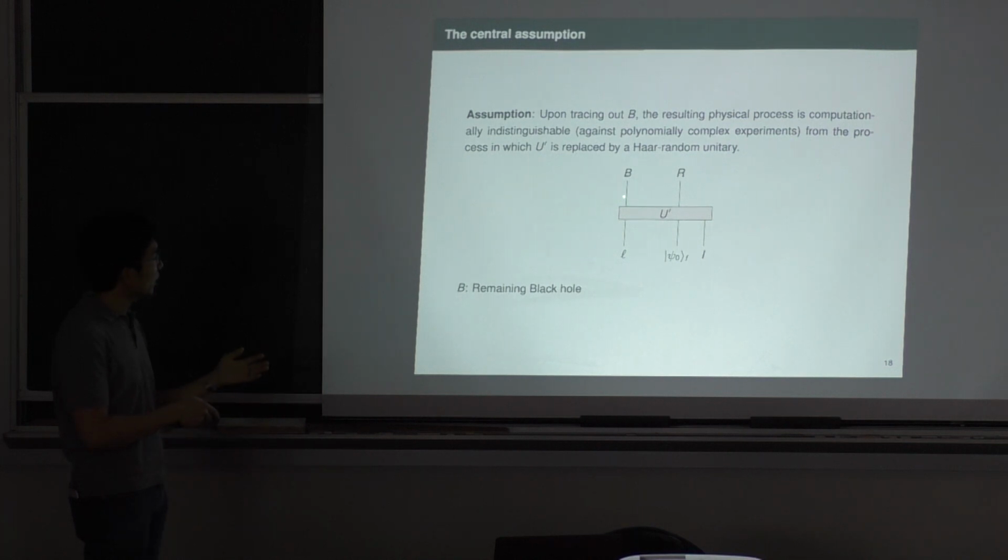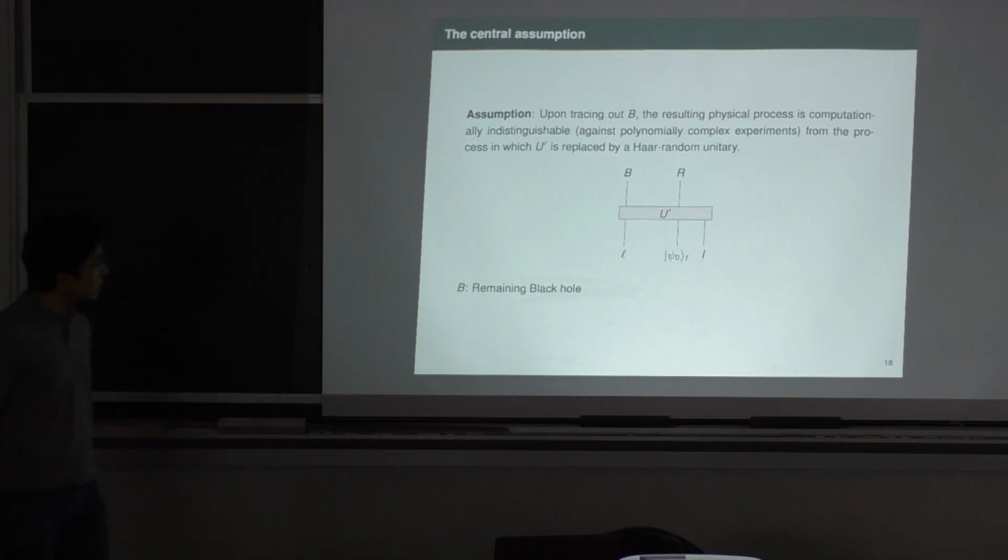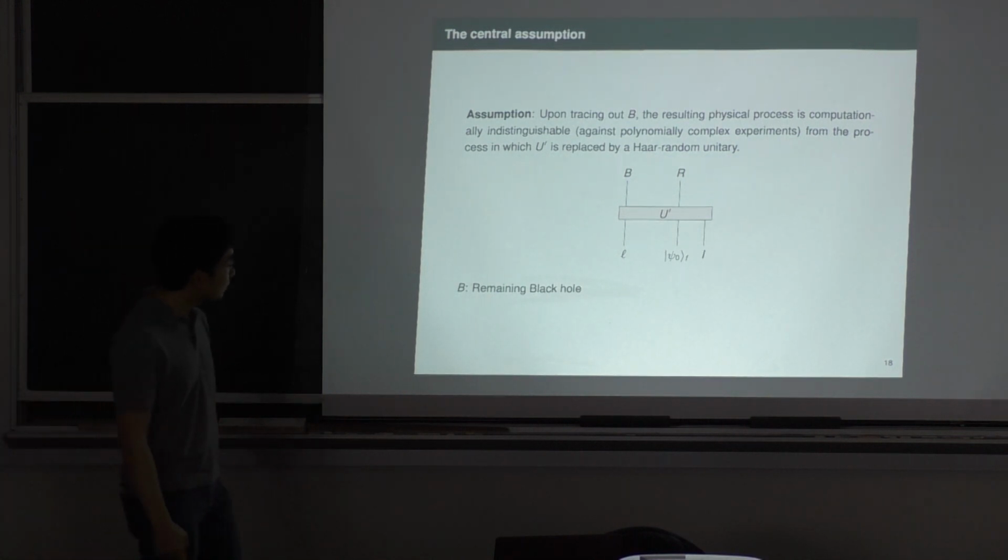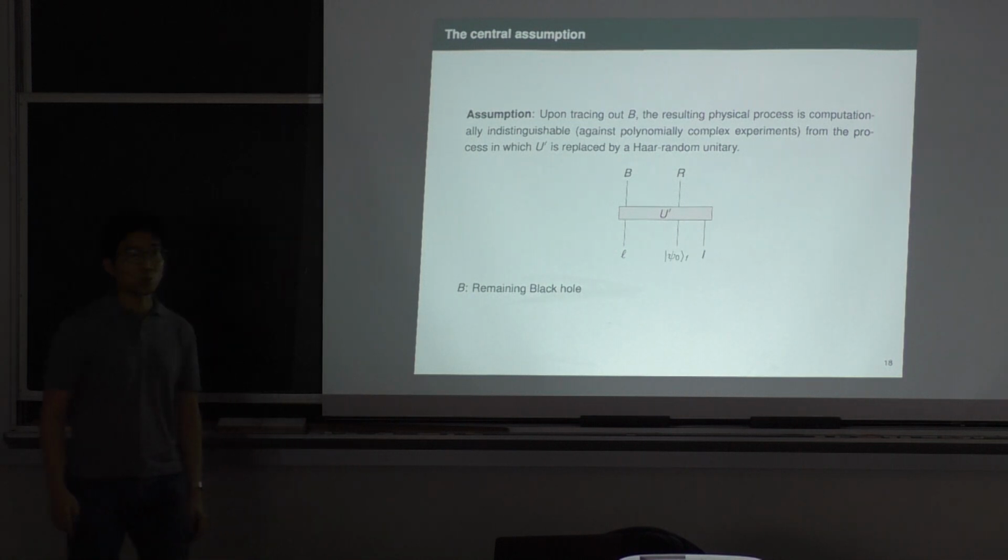And after you do that, imagine tracing out B, which is the black hole. So I only have access to the radiation. And our assumption is that if you replace this U prime by a Haar-random unitary, you won't be able to distinguish the two, as long as you only allow polynomially complex operations. So that's an important assumption.